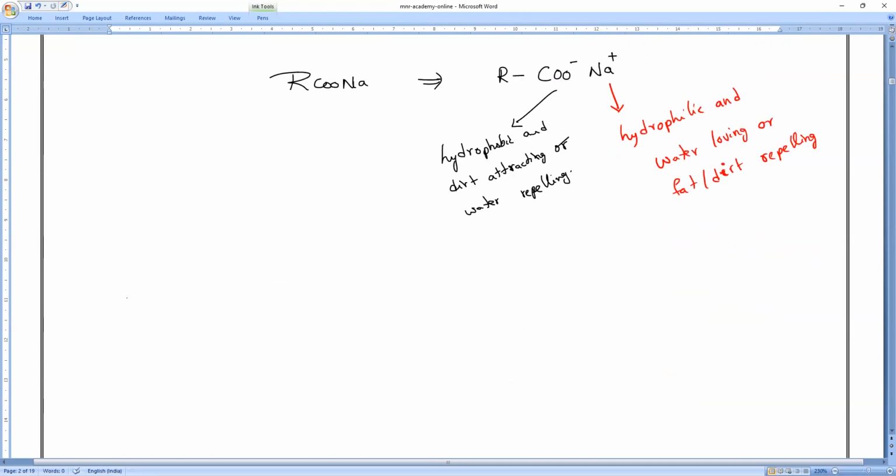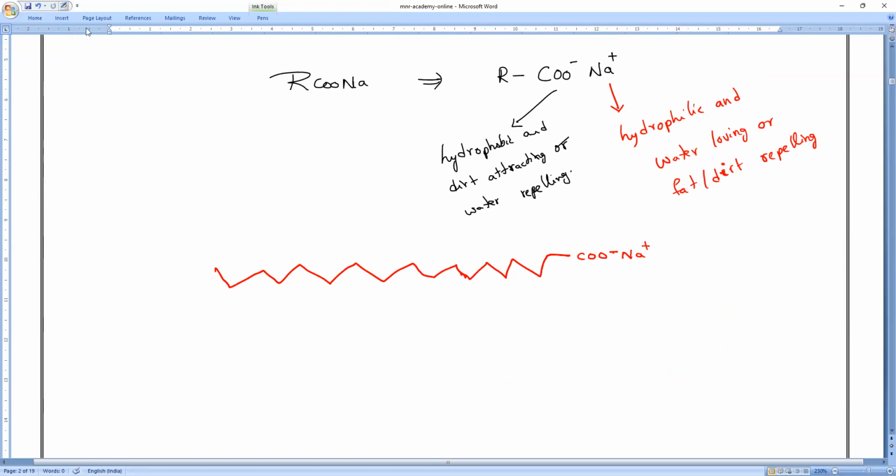Now, it is a long chain carboxylic group, or a fat. So that long chain alkyl group, note it, this is the general representation. So we get COO minus Na plus.